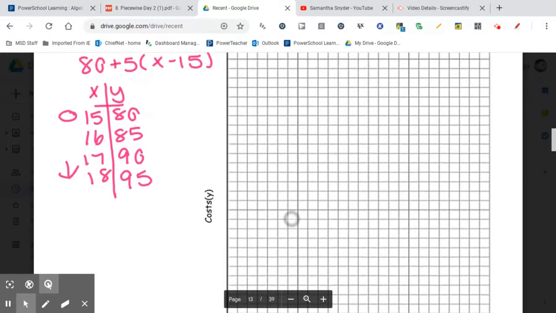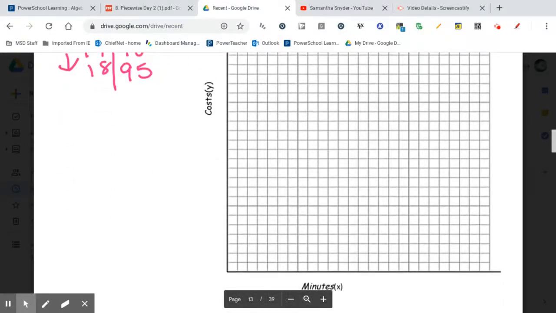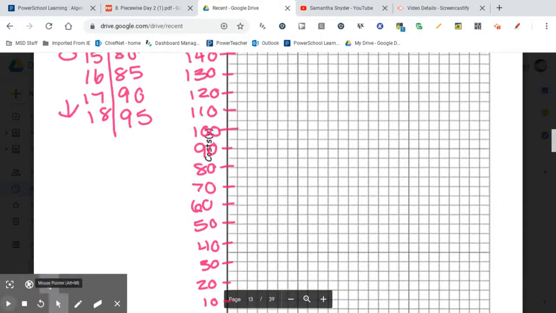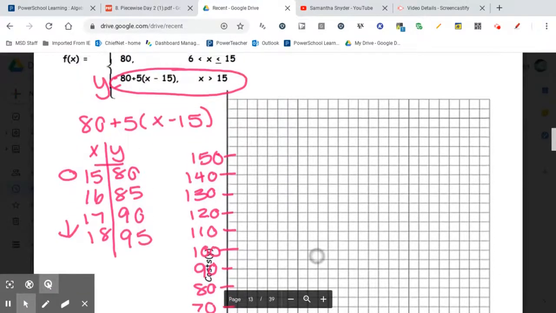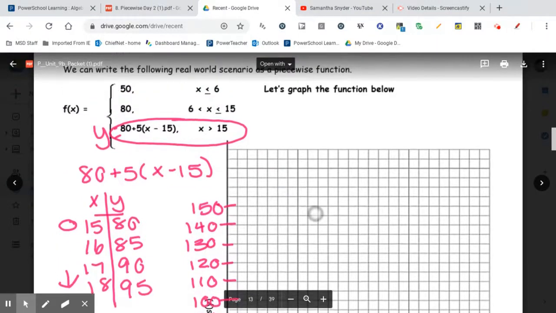So what I think I'm going to do is count by fives, but I'm going to skip every other line just because I'm a little bit lazy, and honestly, this pen is super thick. So I'm going to say this is 10, 20, 30. You can go ahead and finish your y-axis. Okay, so your y-axis should be fully labeled, and then we just have to label our x-axis.